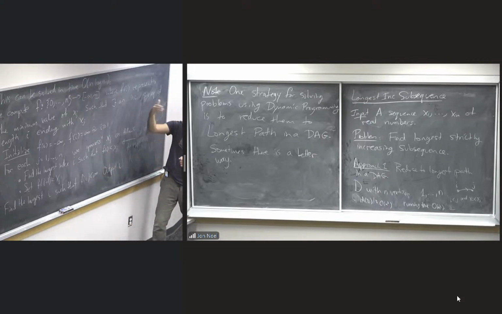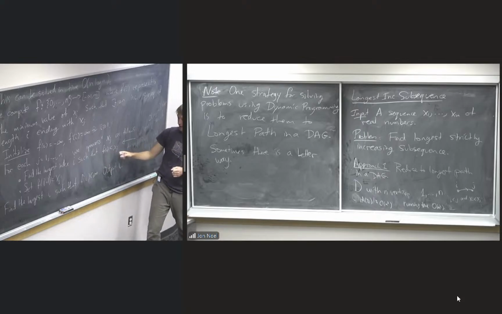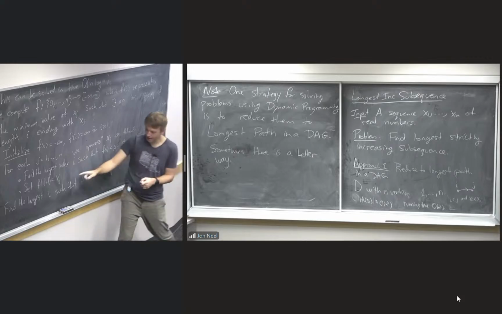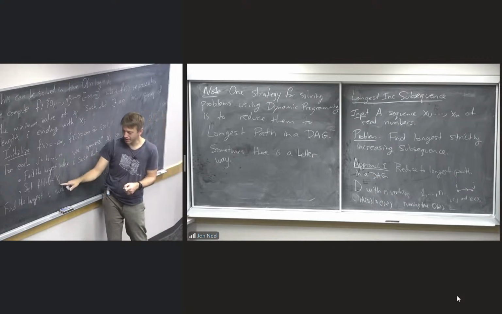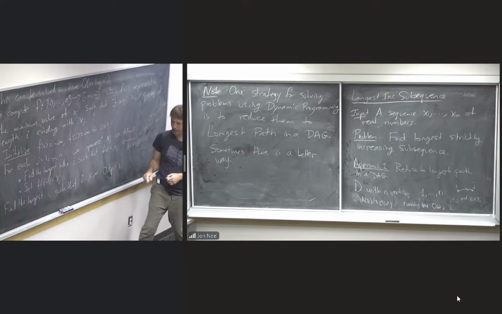So then it'll process the first element of the sequence. It'll find the largest index with this property. It'll be 0, because f of 0 is negative infinity, f of 1 is infinity. So it'll find 0, and it'll then set f of 1 to be x1. So that'll say the smallest xj that I've found so far, where there's an increasing subsequence of length 1 that ends there, is just x1.